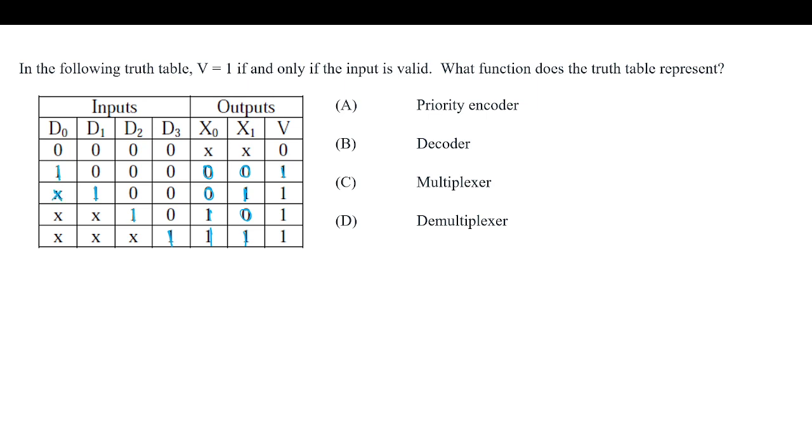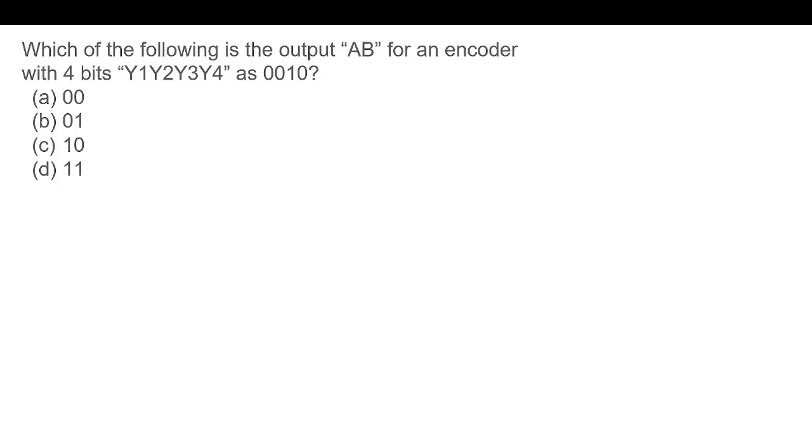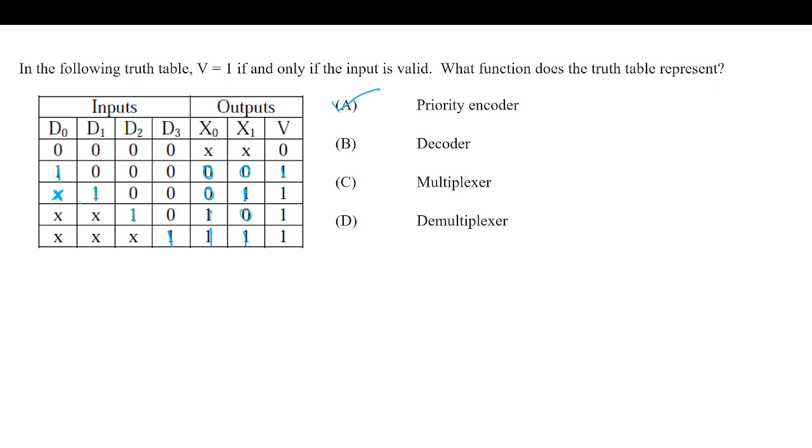But any value at this before, it is taking the priority. So it's a priority encoder. The next question, which of the following is the output AB for the encoder with 4 bits Y1, Y2, Y3, Y4 equal to 0010? So it's an encoder. You can see from here, 010 is encoded as 01.